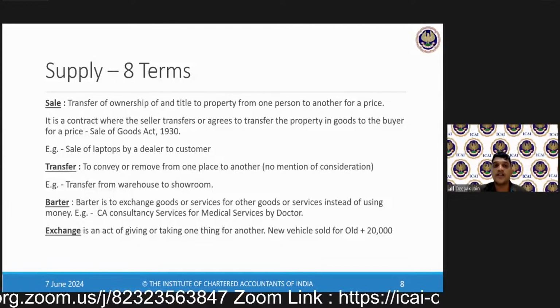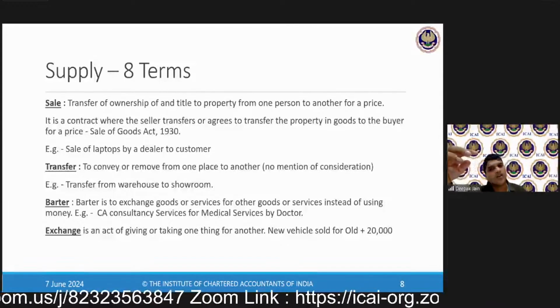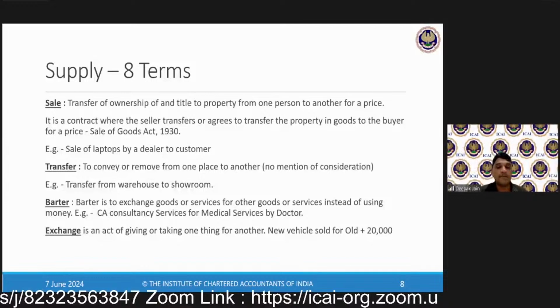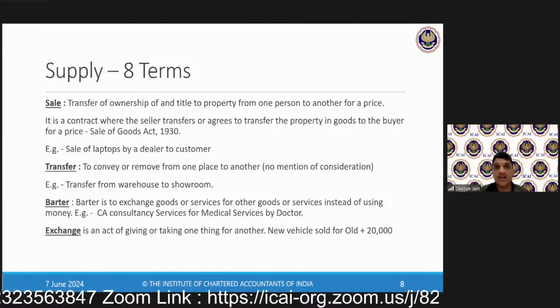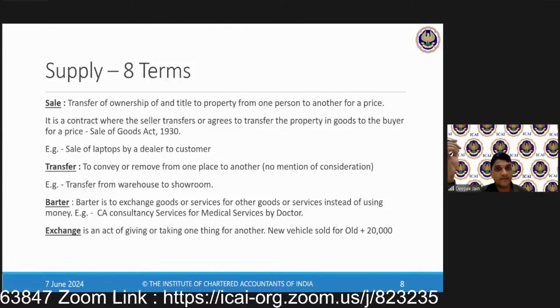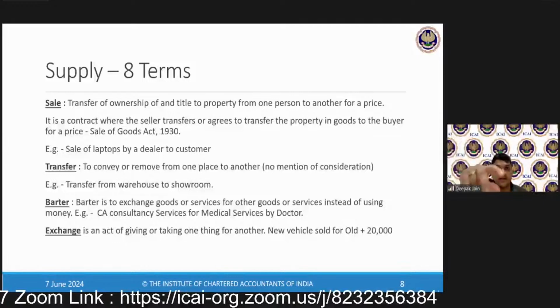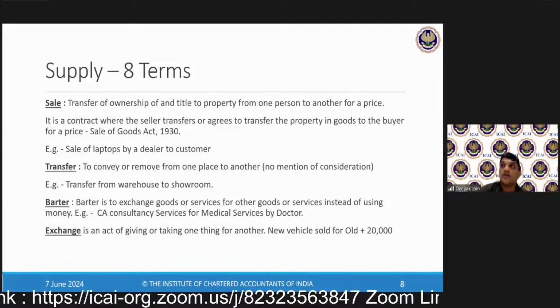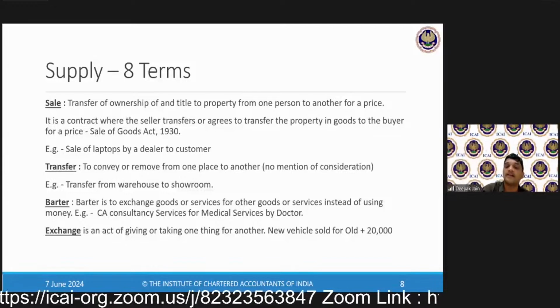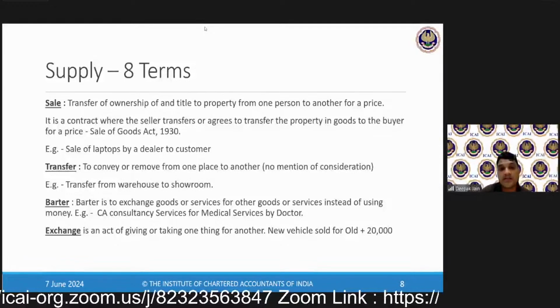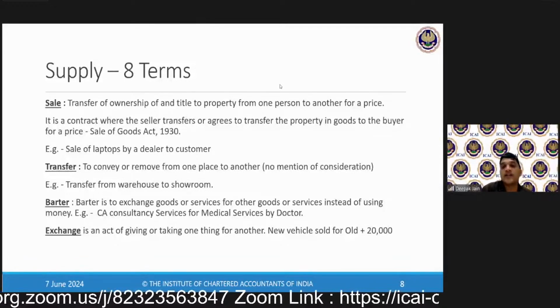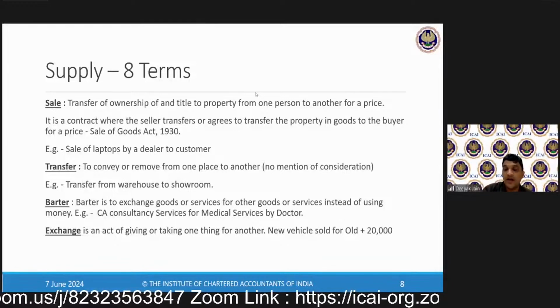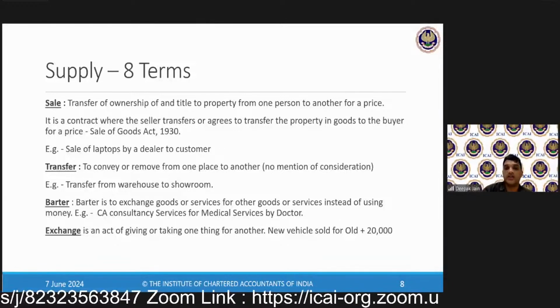You are holding that television as a, the concept of bailor and bailee. We have learned this under the Indian Contract Act. In our BComs also, we have learned, even in the first year of your CA foundation, you have learned there is a transaction of a bailor and bailee.